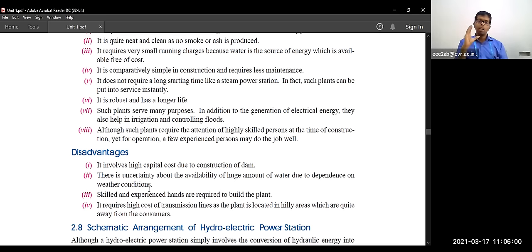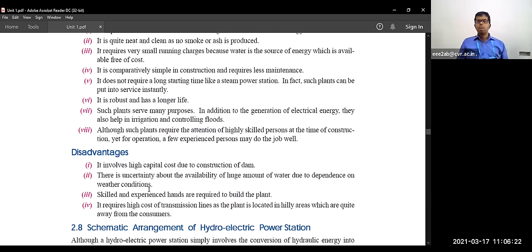So all dam construction will not be the same; the design might be changing in different dams. So you need some experienced hands.